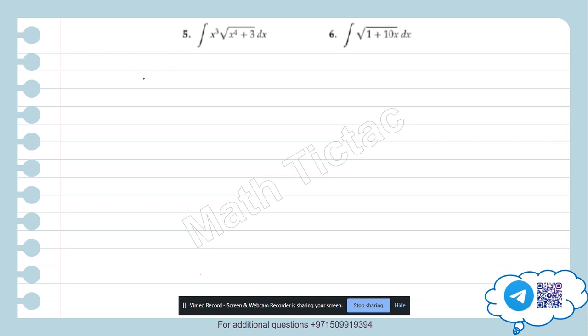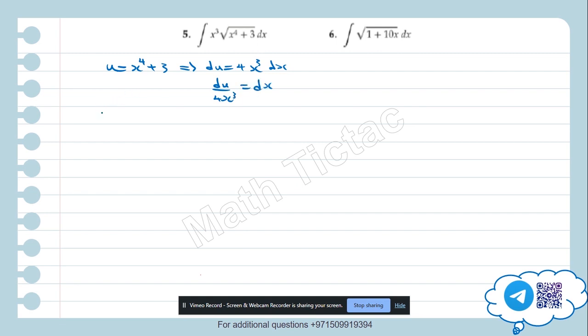But I pressed a button and everything was erased. So again, we will say u is equal to x to the power 4 plus 3, then du equals 4x cubed dx, then du over 4x cubed equals dx.